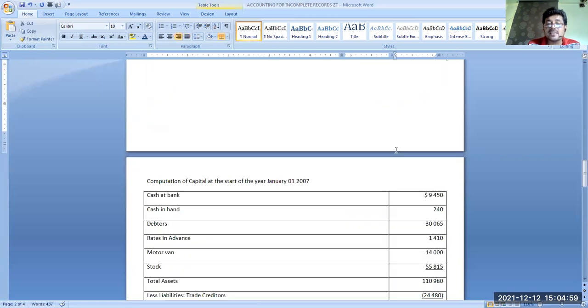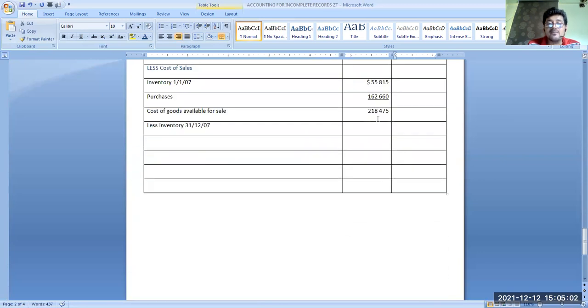We'll keep it in a bracket, and we'll get cost of sales. 218,475 minus 65,105. The answer is 153,370. This is your cost of sales. Again, we need to put it in brackets, because we have to deduct it from sales.